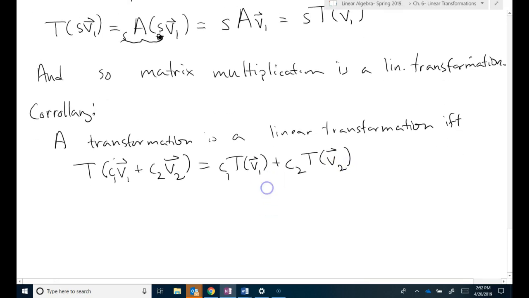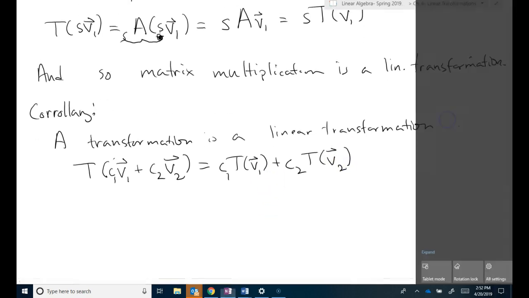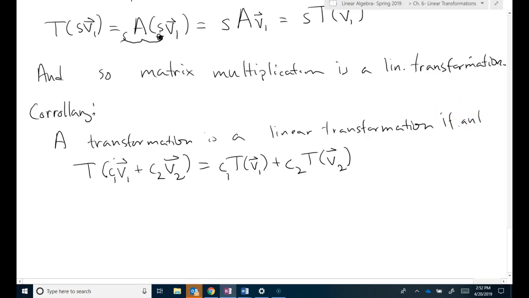Okay. Now notice this is an if and only if. I'll rewrite it. If and only if. So that means it's both ways.